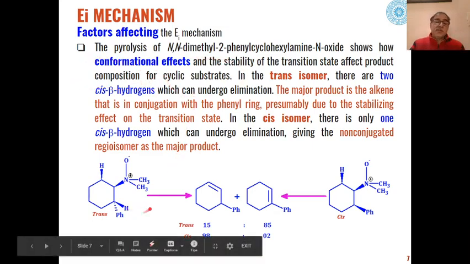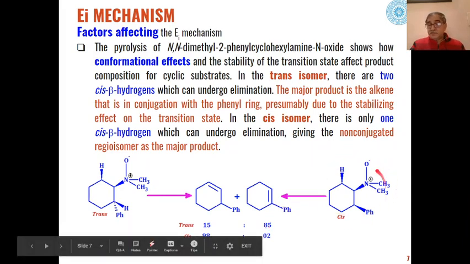So for example, if we have this amine oxide which is trans in nature, then the pyrolytic elimination will give us these two products, where this product will be formed in 15% and this will be formed in 85%.